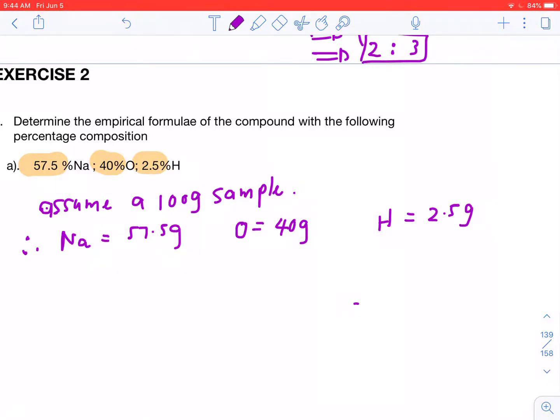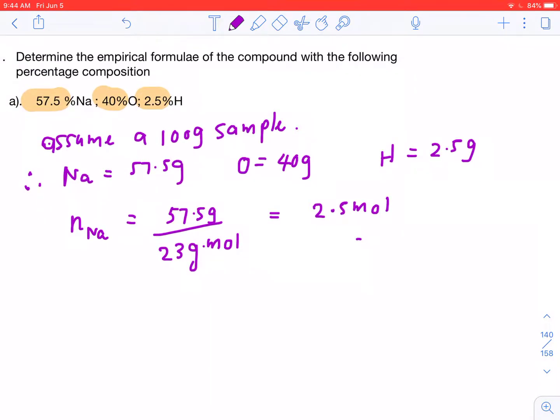Okay, so if you want to work out now n of Na, which would be 57.5 grams, right? All upon the molar mass of it, 23 grams per mole, which tells me that's equal to 2.5 moles.